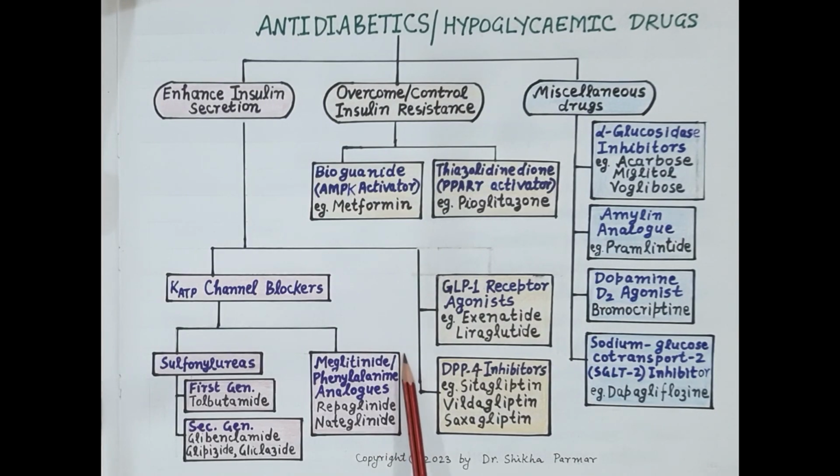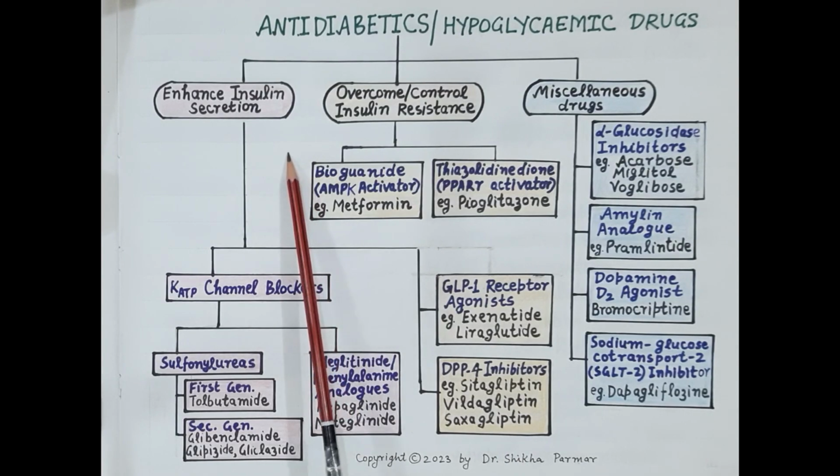Another class of drugs that increase insulin secretion are GLP-1 receptor agonist and DPP-4 inhibitors. Now these drugs increase insulin secretion when concentration of glucose is high in the blood. Thus these drugs do not produce the risk of hypoglycemia.